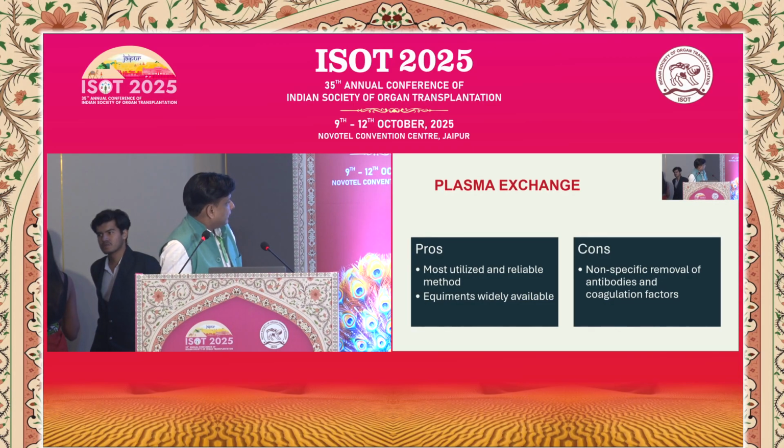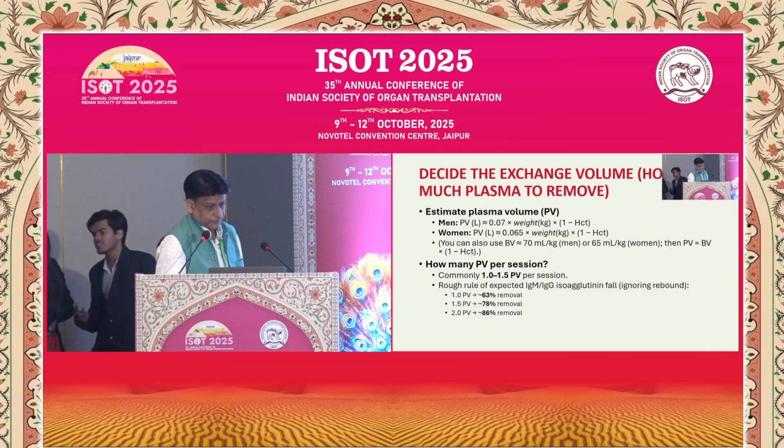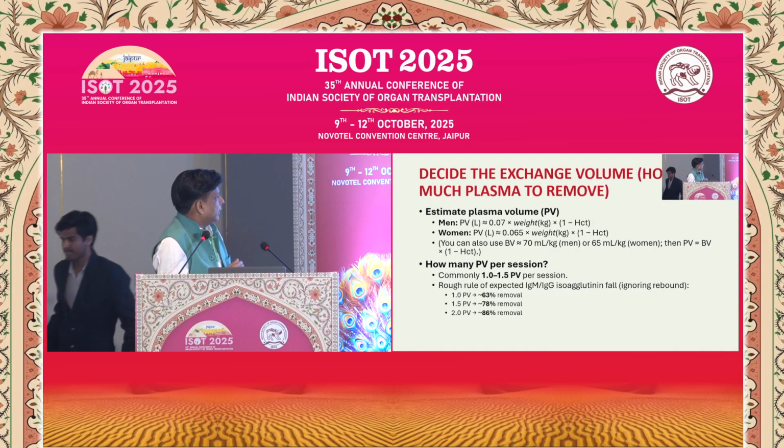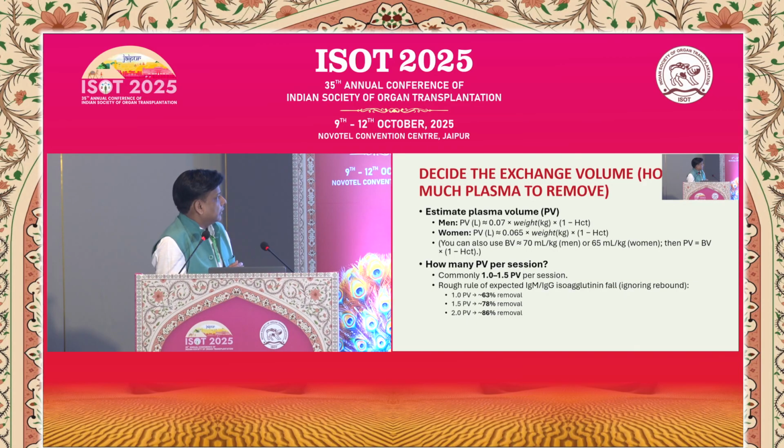Plasma exchange is the most utilized and reliable method, but it removes antibodies and also coagulation factors non-specifically. First, you have to decide how much plasma you want to remove. The plasma volume for men is 0.07 times weight times (1 minus hematocrit), and for women it is 0.065.